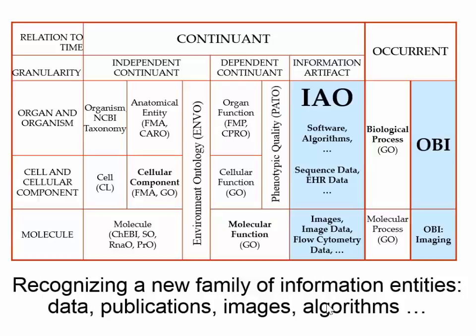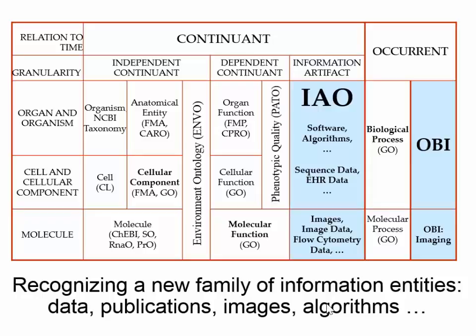This is the principle. So BFO claims to be a domain-neutral ontology which can be used as a top-level starting point for any ontology endeavor. And it claims to be universal, but it doesn't claim to be complete.